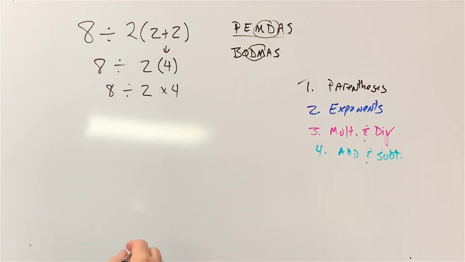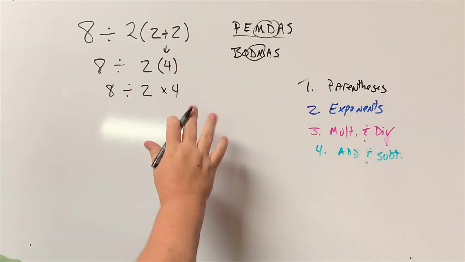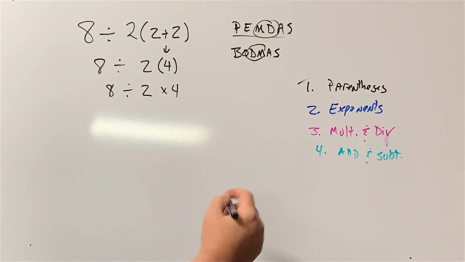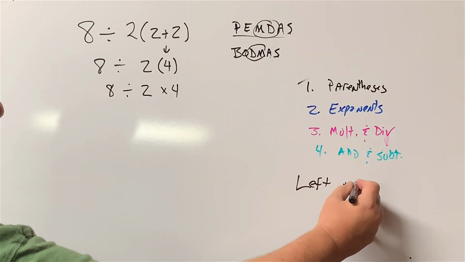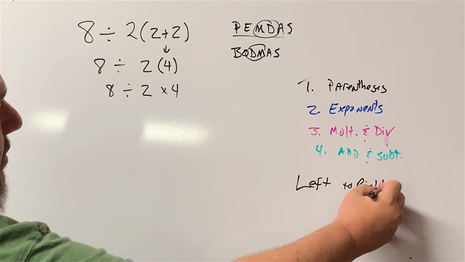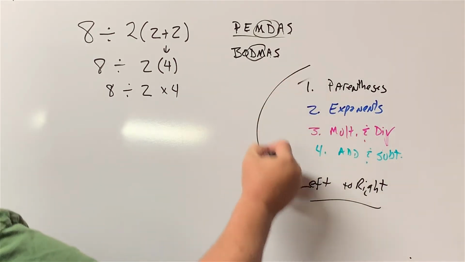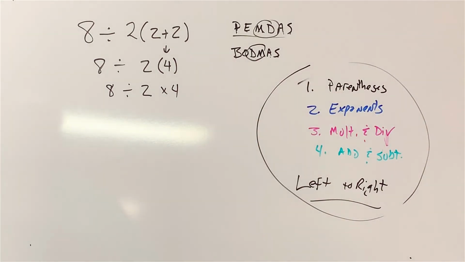Another thing that many people forget is that the order of operations also includes a procedure, and that procedure is always solved from left to right. So this set of rules is modern algebraic notation. It has been around since the 17th century, and it's always been done this way.